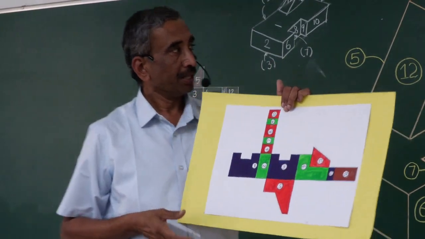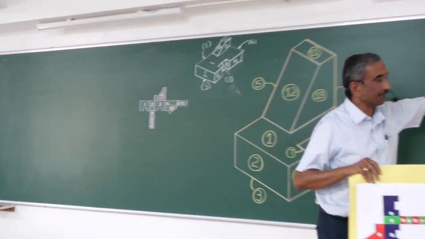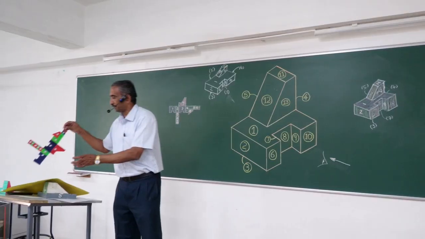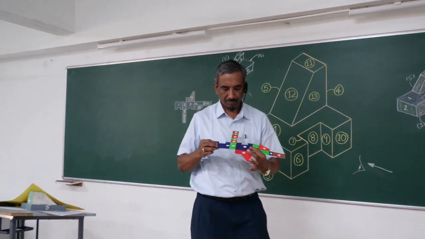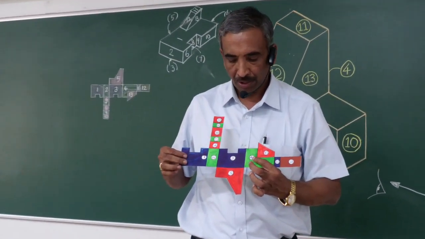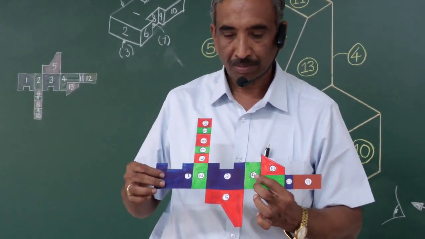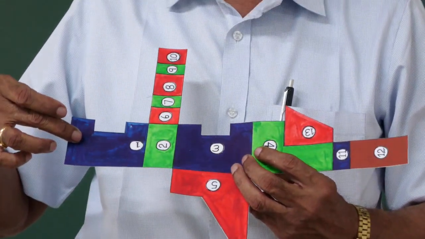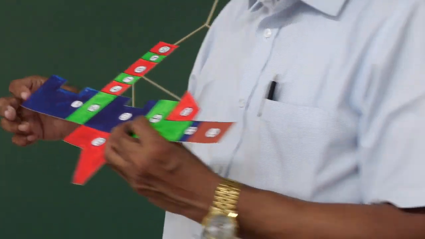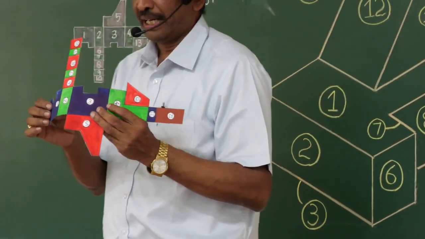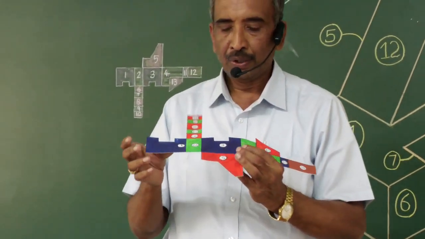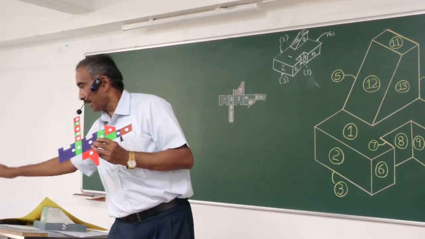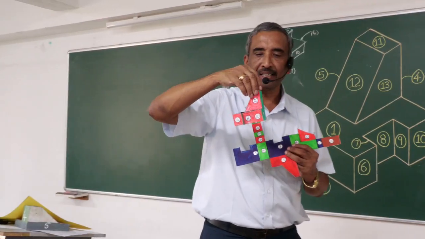Once you cut it with the help of scissors, you will get a development like this. This development, you can color as we have done in this sheet. Then you will fold this and you will get a model like what is made here.